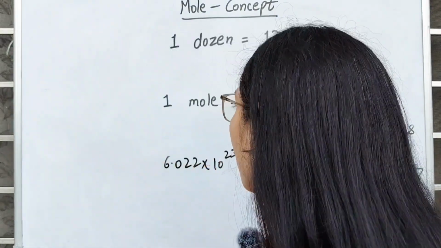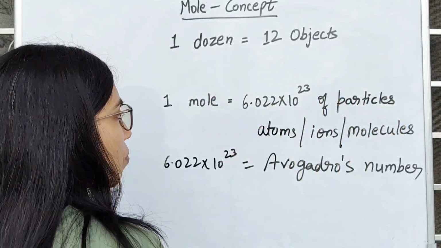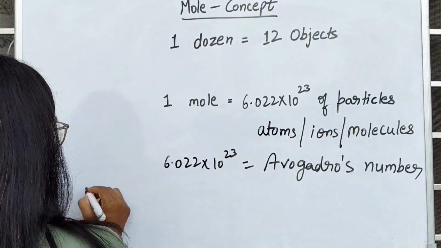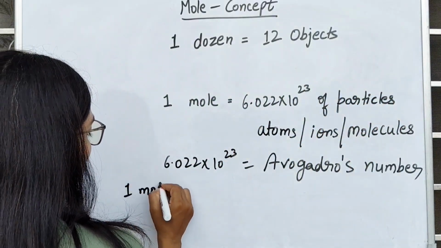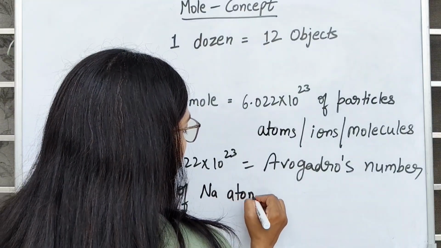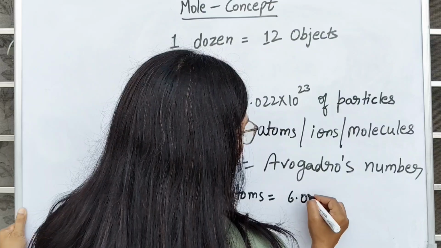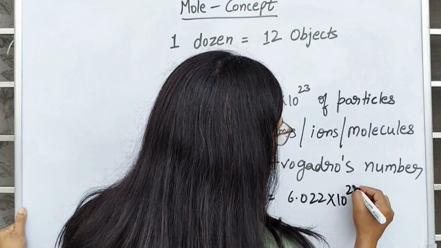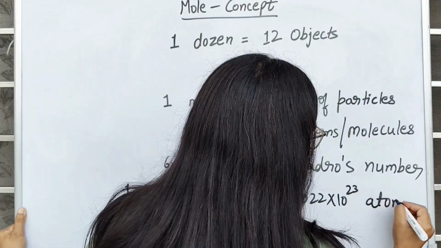Now, if we talk about the number of atoms, 1 mole of sodium atoms will contain 6.022 × 10^23 atoms.